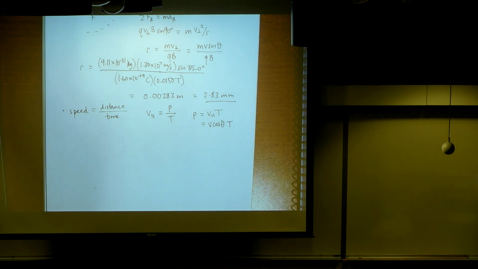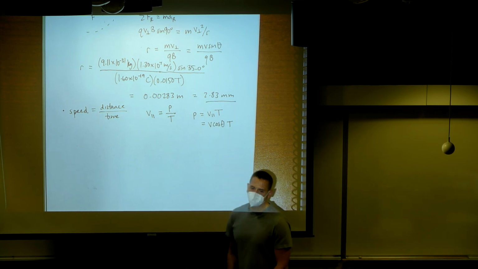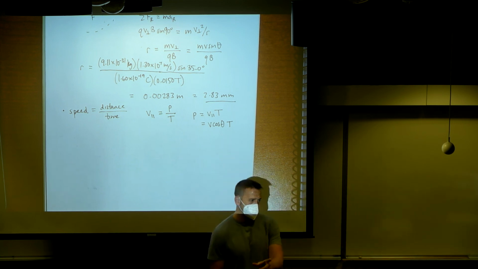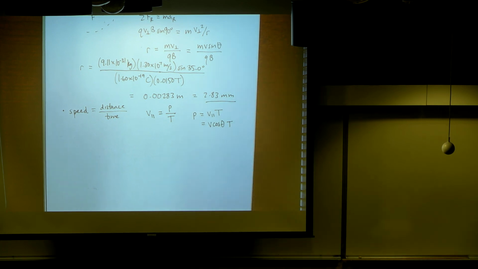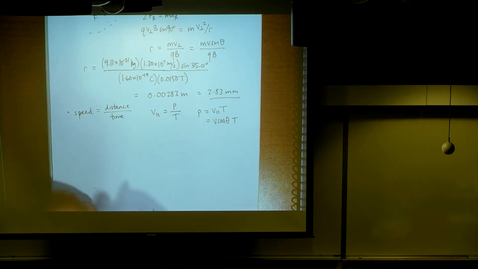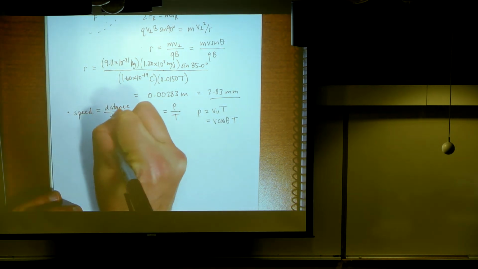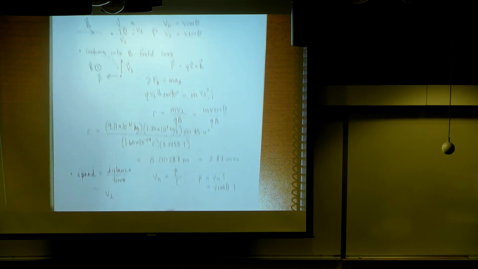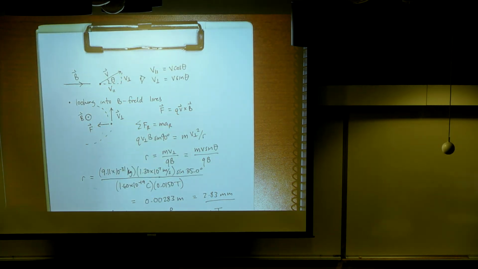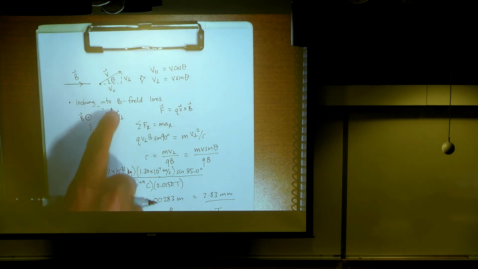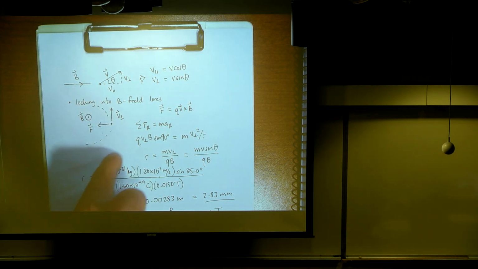But the thing is, we don't have the period. So we obviously have the V cosine theta part, but we need to find out what the period is to make this final calculation, okay? So the way we're going to do that is to apply speed as distance over time to our other velocity component, which is V perpendicular. Now remember, this one is referring to how fast the circular motion is taking place, okay?